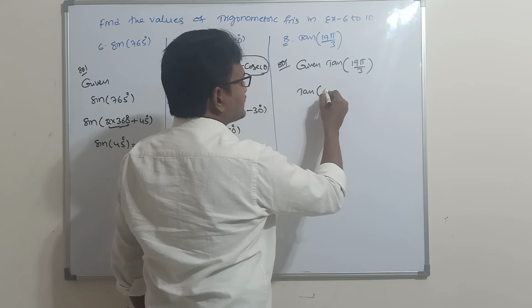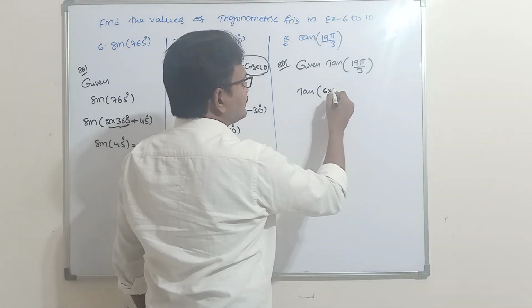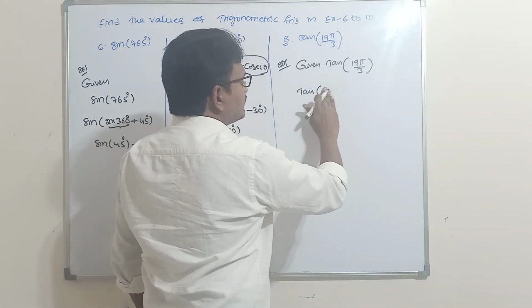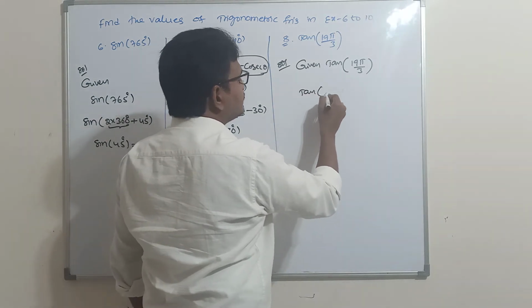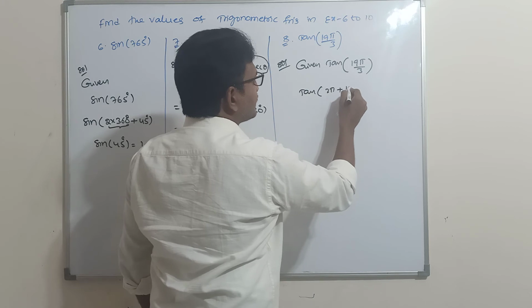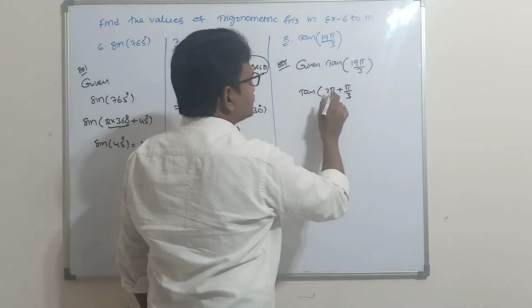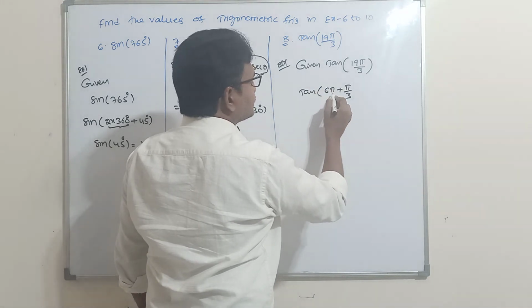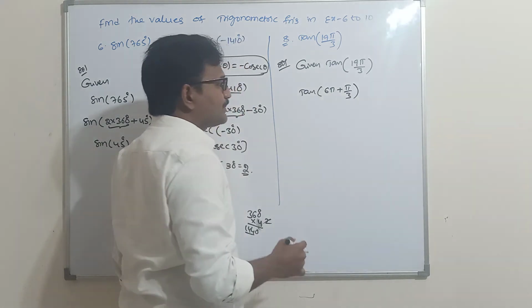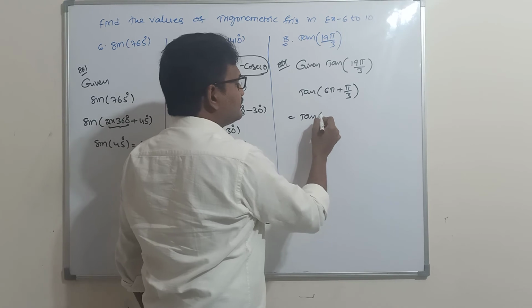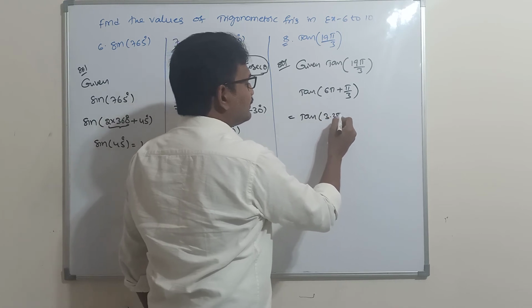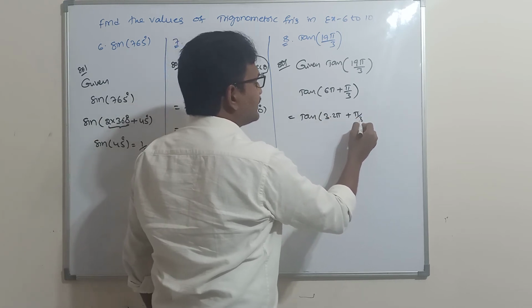So we can write it as 6 pi plus pi by 3. So tan of 3 into 2 pi plus pi by 3.